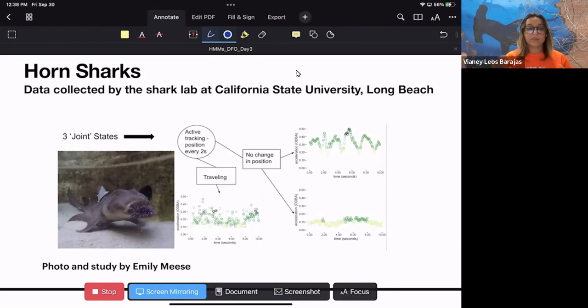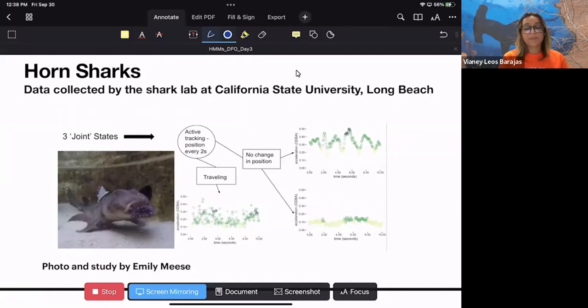And of course, one thing we could have possibly done is simply average the accelerometer data in some way, so we had one summary statistic every 2 seconds to go with the active tracking position.